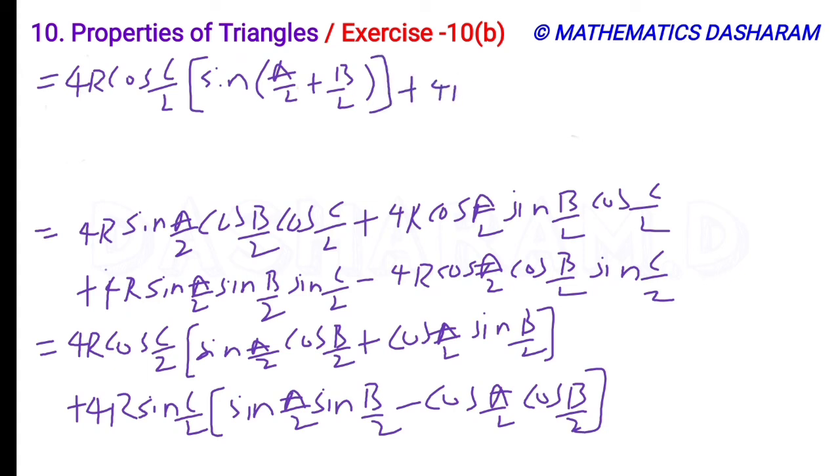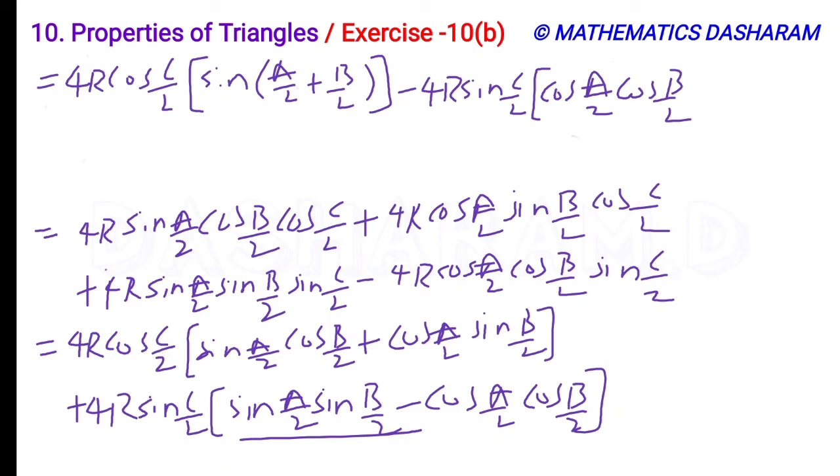So here what I am doing, let's take the minus common, so plus of minus will become minus, so 4R sin C by 2, and this term will become positive, so write it first place, so cos A by 2 into cos B by 2, and this positive term will become negative, so then minus sin A by 2 into sin B by 2.